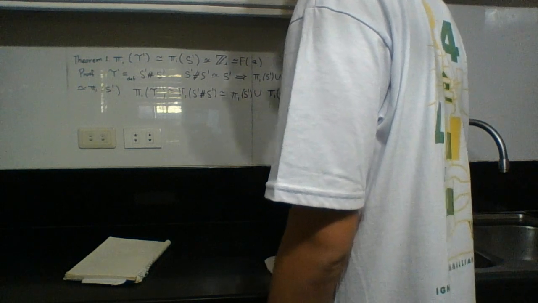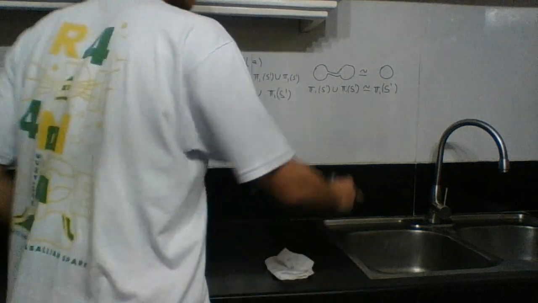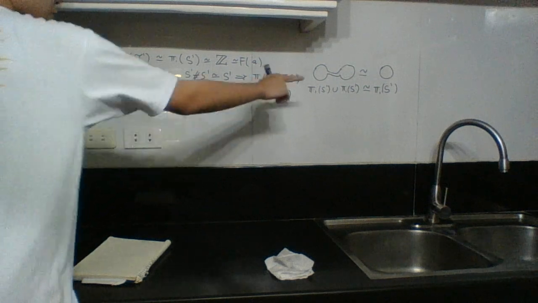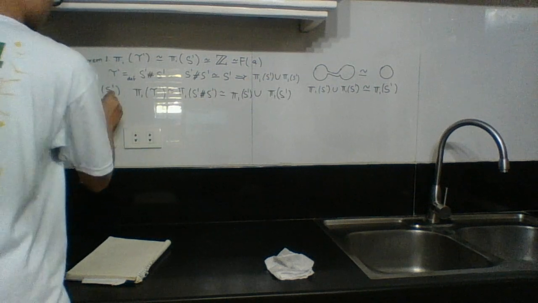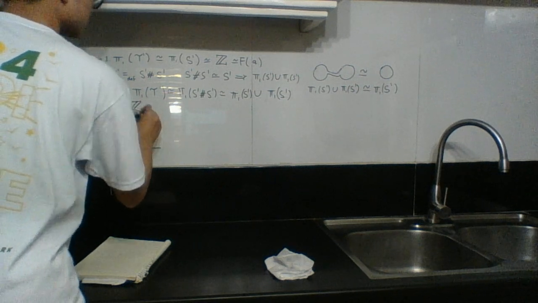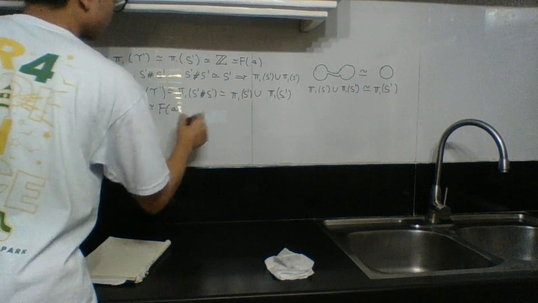So far so good. Okay, now because we said here that this is equal to this over here, that this is isomorphic to this, then this over here is isomorphic to just that, the fundamental group of S1, which is just the integers, which is the free group over 1 generator a.